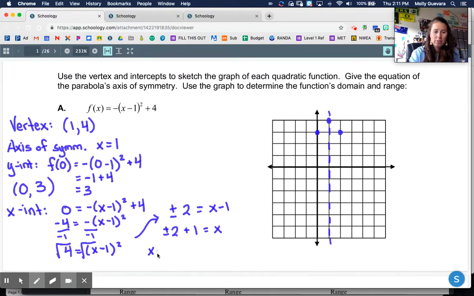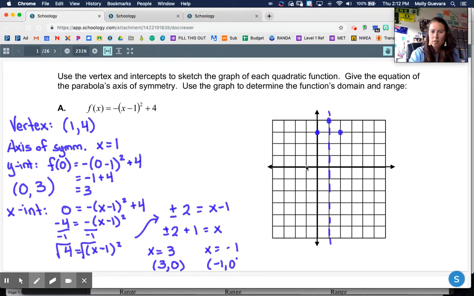So I have two answers here. One where positive 2 plus 1 is 3, and the other where negative 2 plus 1 is negative 1. So you do not get 3 and negative 3. You get 3 and negative 1. My x-intercepts are at 3, 0 and negative 1, 0.